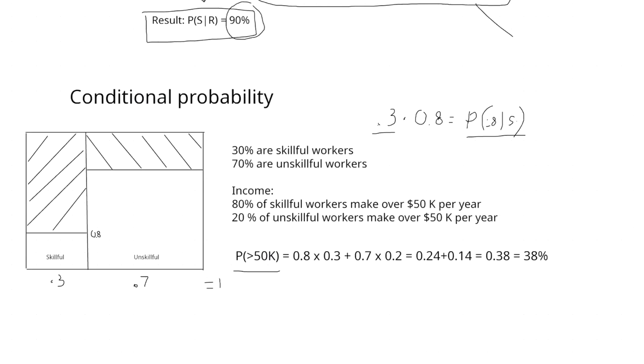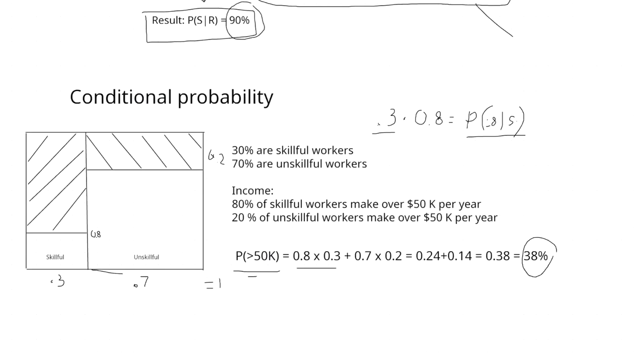And the same thing we do for unskillful workers. It is 0.7, this side of the rectangle, times now 0.2. We have only 20% who make more than 50K. So we have to sum these areas, and we will have 38% or 0.38.